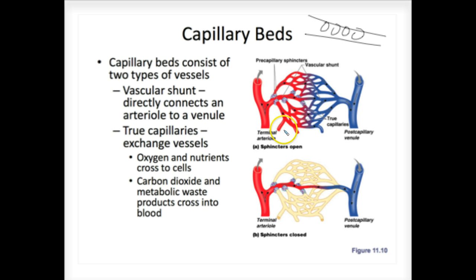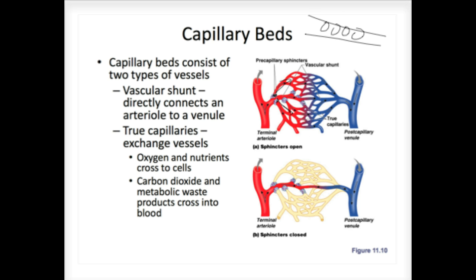Now, how we control capillary flow ties back into what we've talked about before in terms of muscle contraction causing an initial drop in blood pressure, because suddenly we have blood flowing into capillary beds that weren't as active as they are now. And what we have is different sphincter muscles, which are just little pieces of smooth muscle that will contract or relax, and that allows blood to flow through different capillaries based on need.